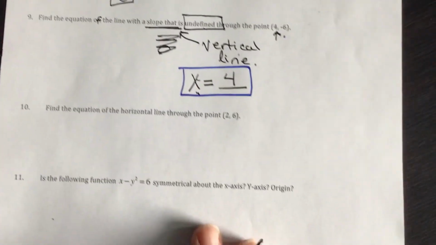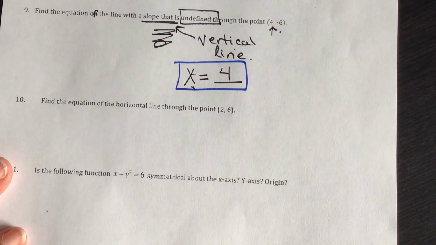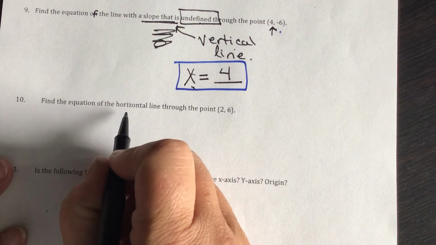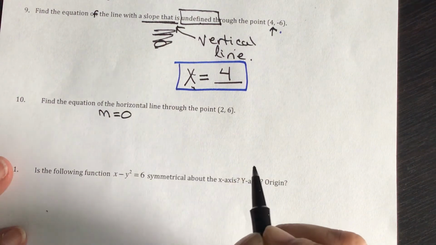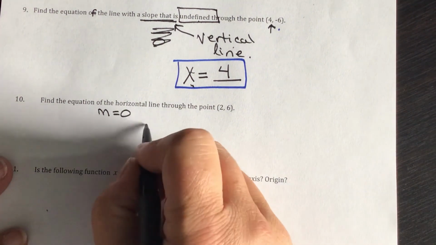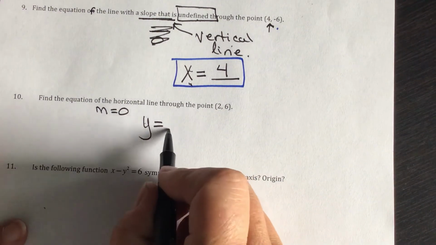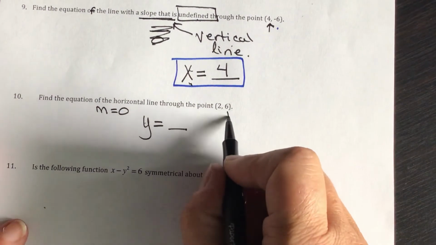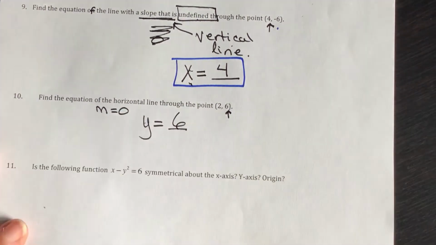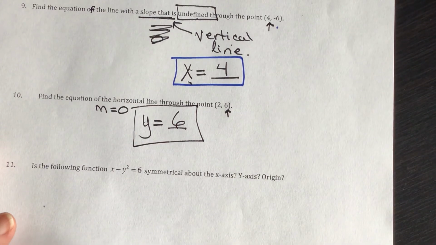Number 10, find the equation of a horizontal line through the point 2, 6. Now we can think of a couple things. First, a horizontal line has slope of 0, and we also know that it is y equals something. Every y coordinate is the same. Here the y coordinate is 6, so the equation is y equals 6.